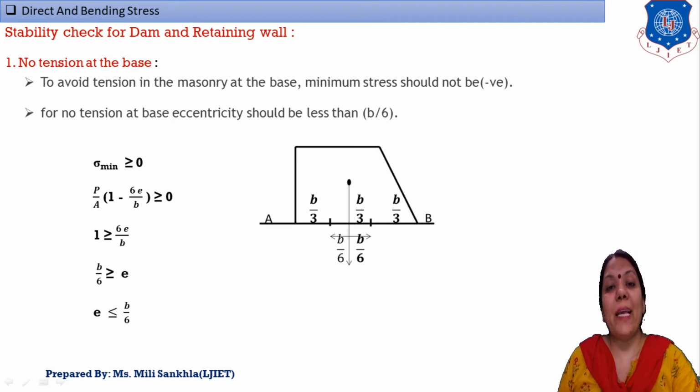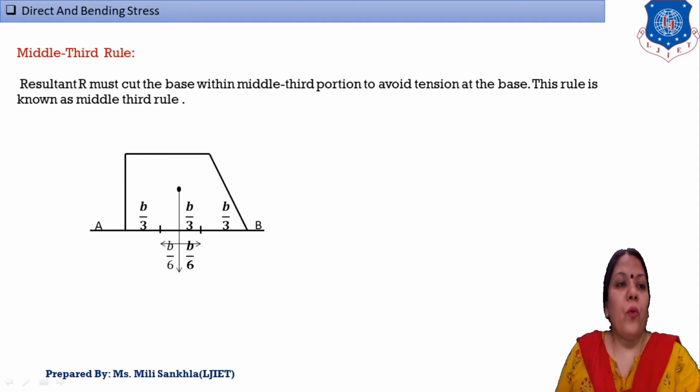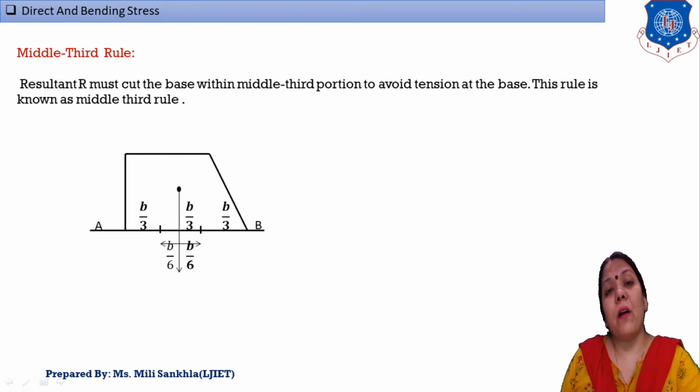Now what is the middle third rule? According to this, there is no tension at the base for dam and retaining wall. The resultant force R must cut within the middle third portion of the base to avoid tension. It is known as the middle third rule. Again I explain this figure.